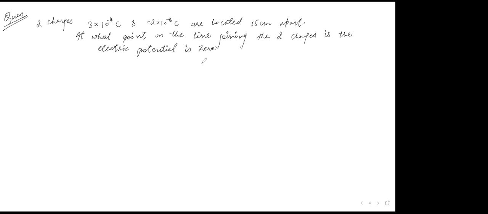Okay. Yeah. At what point on the line joining of the two charges is the electric potential is 0. Okay. Now, how can you solve it?